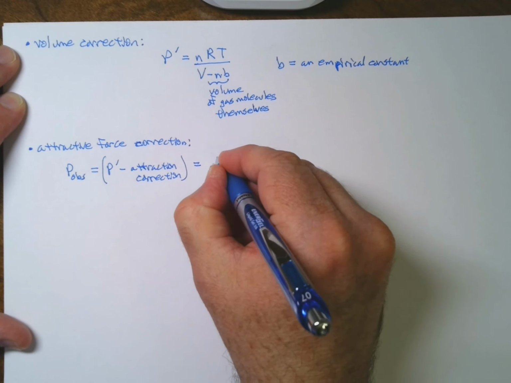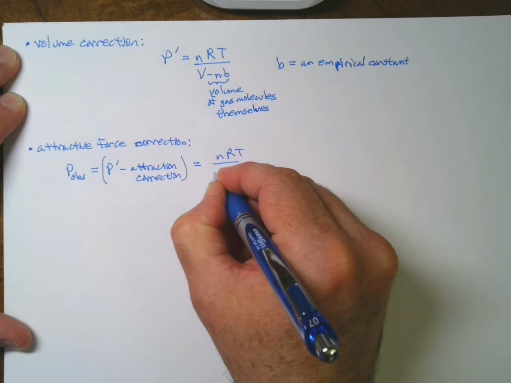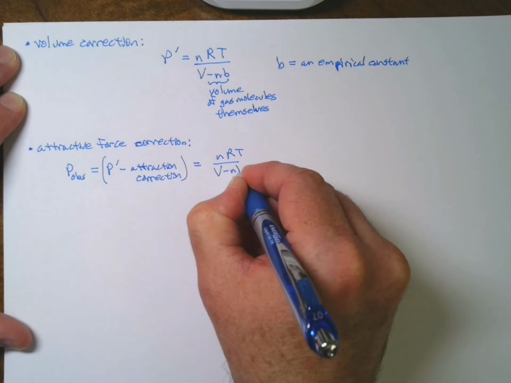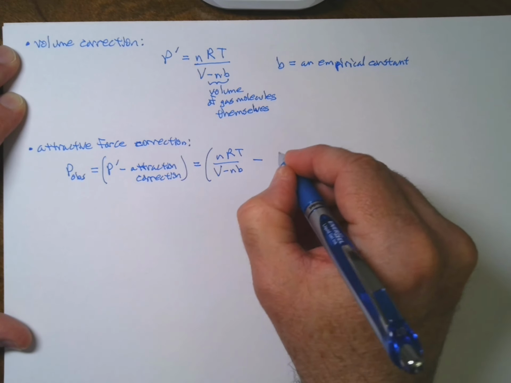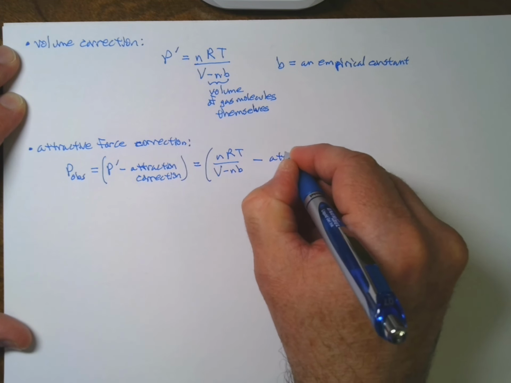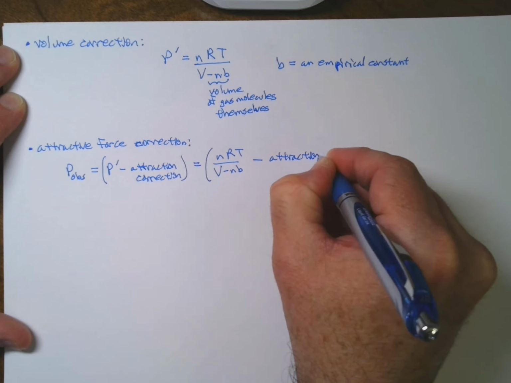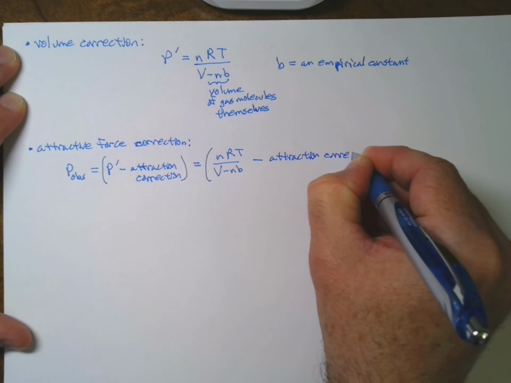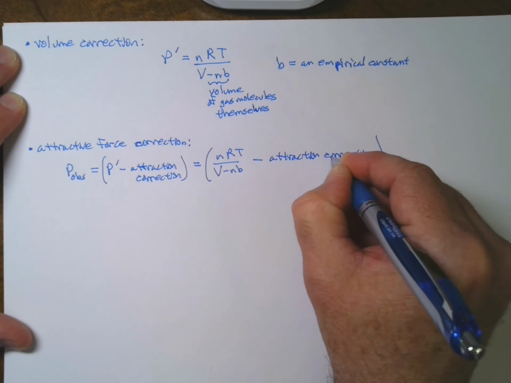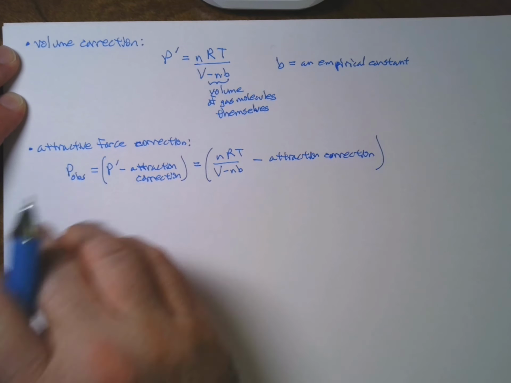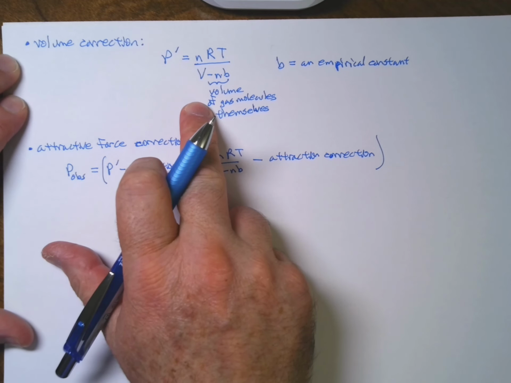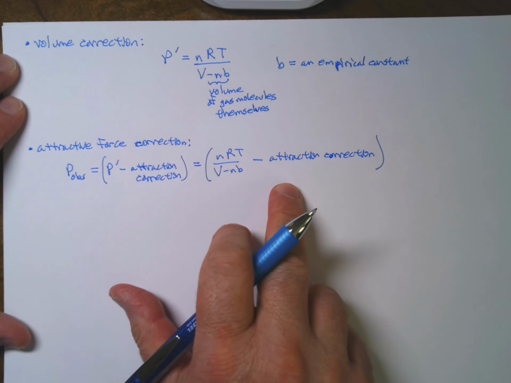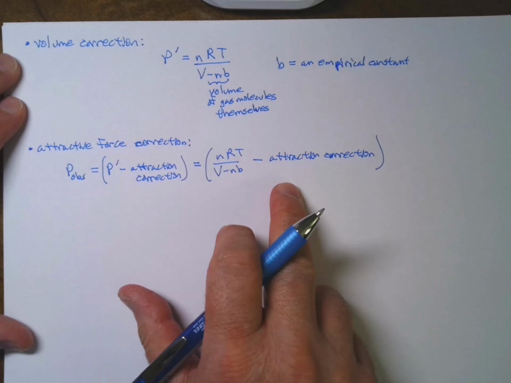So that's going to equal nRT over V minus nb, minus our attraction correction. And that'll give us our overall observed pressure, because we will have our initial volume corrected pressure, and then we will have a correction for the attraction.